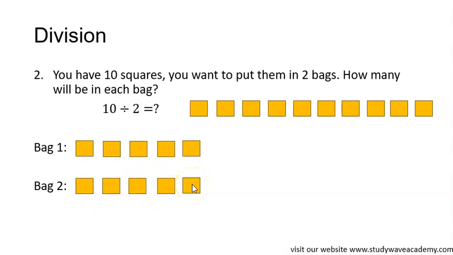There are also 5 squares in the second bag, right? So each bag has 5 squares in them. The first bag has 5 squares and the second bag has 5 squares. So 10 divided by 2 is equal to 5. Okay, do you understand?